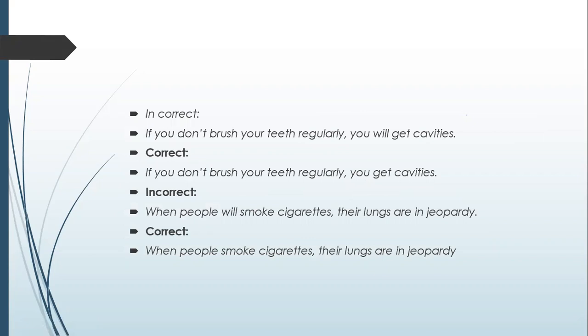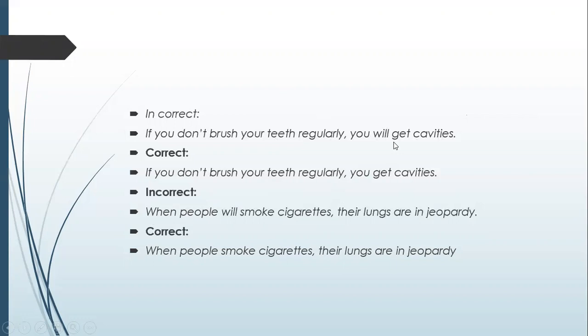Now, the incorrect sentence I have written down over here for you says, if you don't brush your teeth regularly, you will get cavities. Why is it incorrect? Because it has used will in the resultant clause.